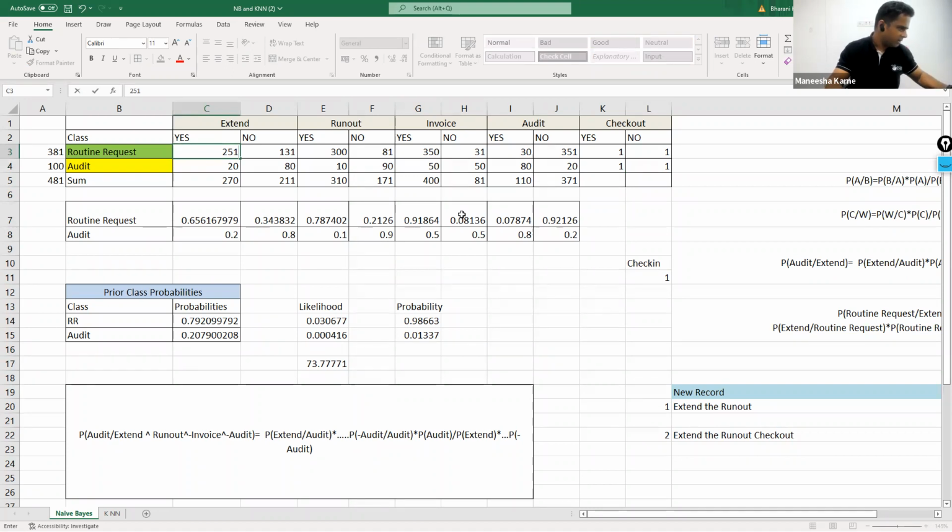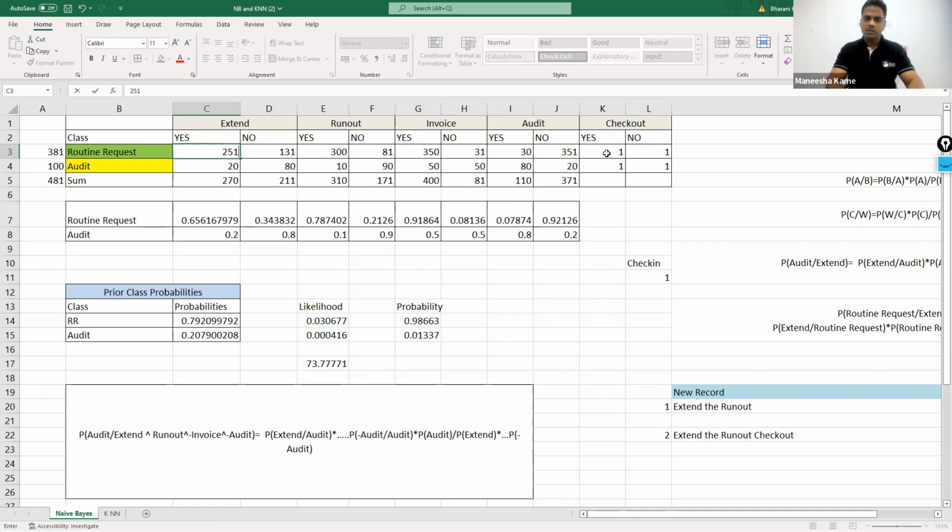Okay, let me look at this table. Okay, fine, got it. Fine, let me explain. I'm just looking at those numbers to get the correct explanation.